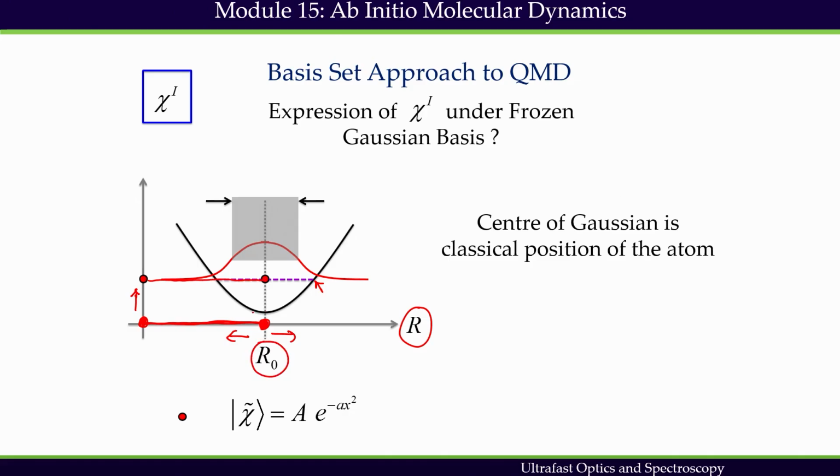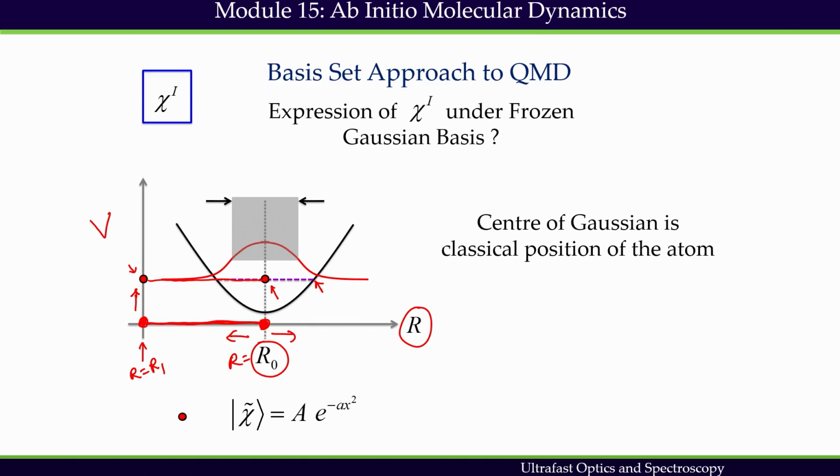If this atom is anchored on the potential energy axis at a certain r value, let's say r1, then this position will change. At this position it is r equals r0, and it can change. The position of this nucleus will change as it's vibrating.